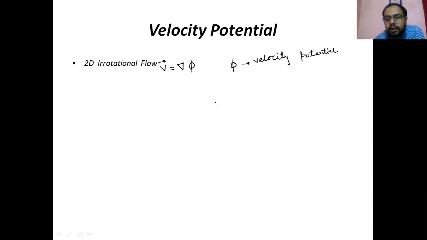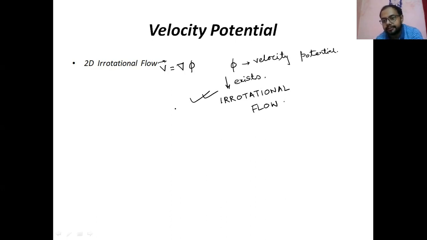The velocity potential function only exists for irrotational flow. I am telling this repetitively because it is very important here. Whether the flow is 2-dimensional or 3-dimensional does not matter, but the flow should be irrotational.